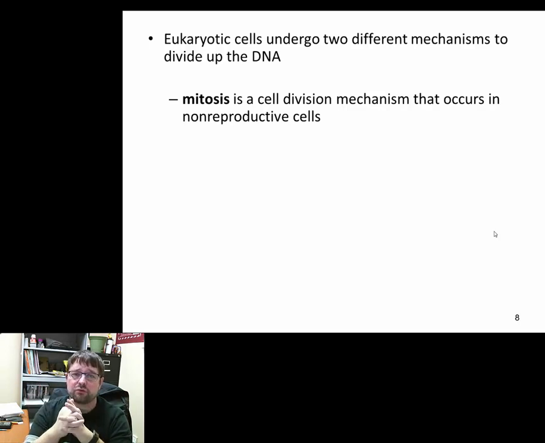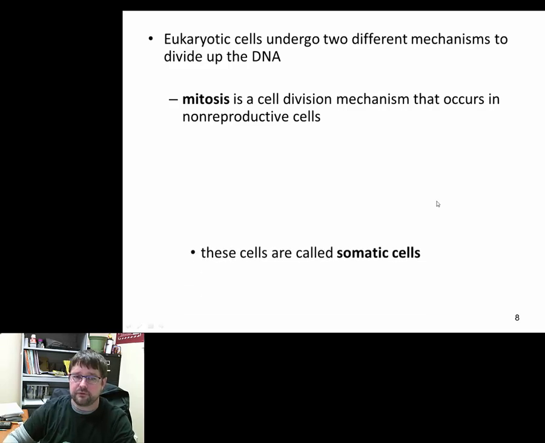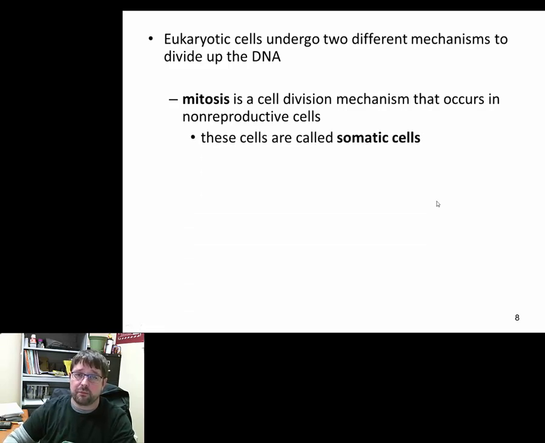Mitosis is not actual cell division. Mitosis is a mechanism by which cells can divide, and it is the division of the nucleus, or the division of the genetic material. So the genetic material is copied, and then it's divided through the process of mitosis, as long as we're talking about non-reproductive cells or somatic cells.